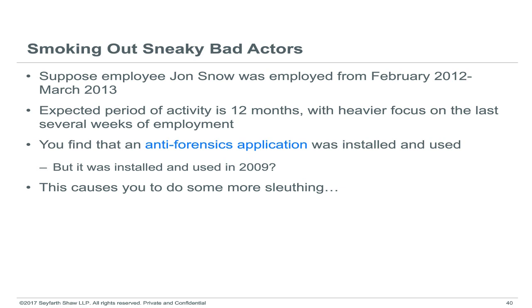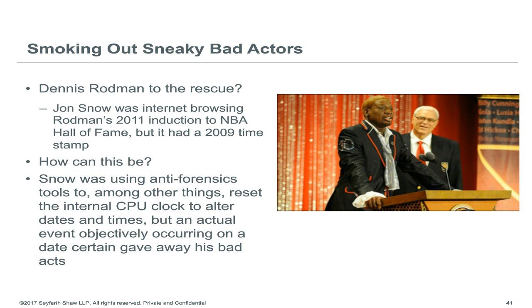And in this particular case, what happened was the computer clock had been changed back in time, but the mistake that was made by the user was that they had connected a USB device, a hard drive.